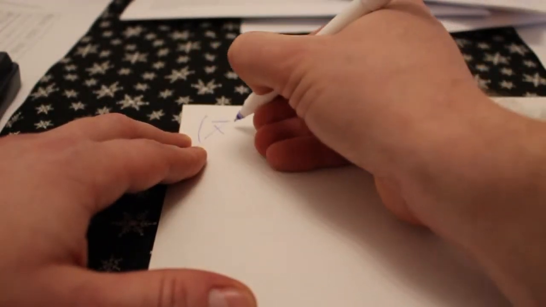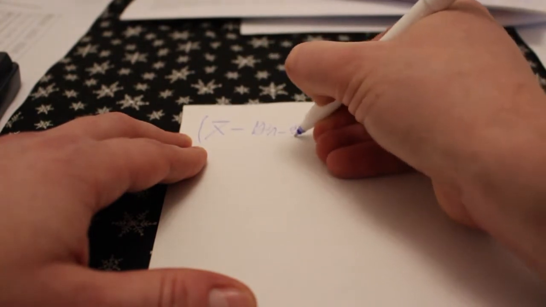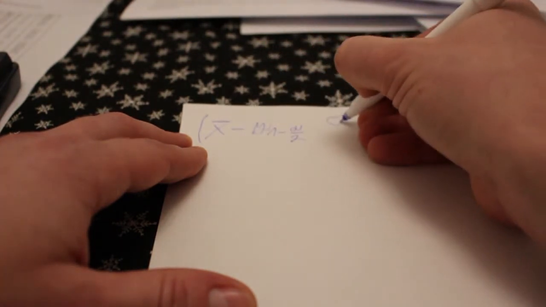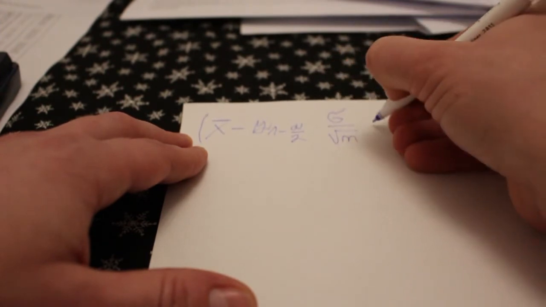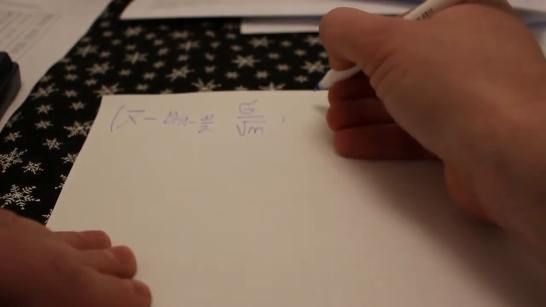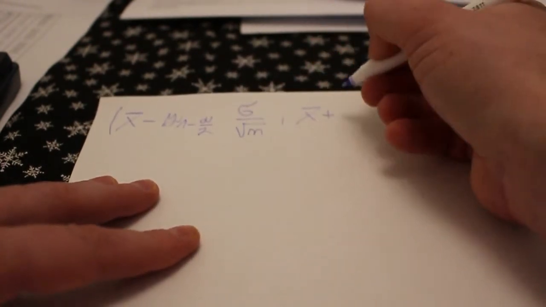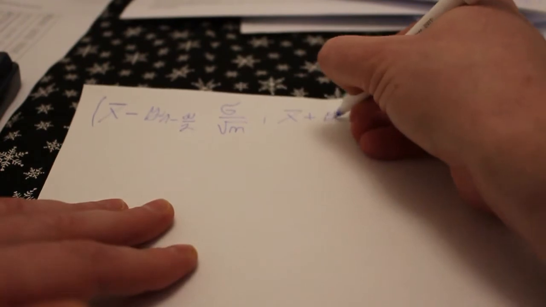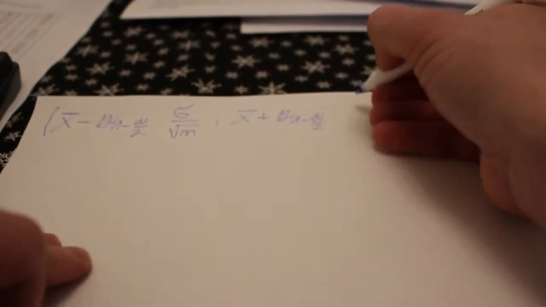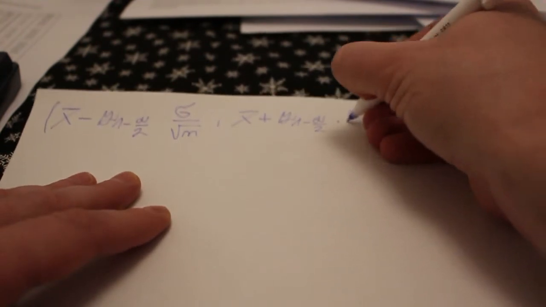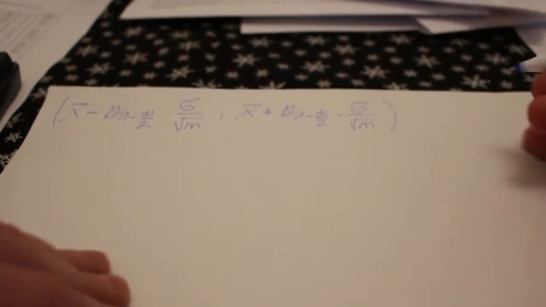X with stripe minus z 1 minus alpha divided by 2 times sigma divided by square root of n, yes. Okay, and here x with stripe plus z 1 minus alpha divided by 2 times sigma divided by square root of n, yes.